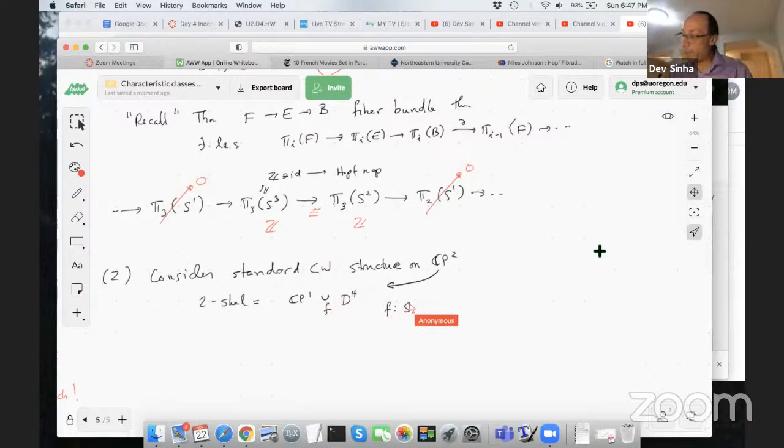So F is a map from S3 to S2, which is CP1. And what we find is that F is the Hopf map, and I'll give this as an exercise. So there's a bit of geometry of CP2 to think about. The normal bundle of CP1 in CP2 is an important thing to think about here. So I'll just leave that as an exercise.